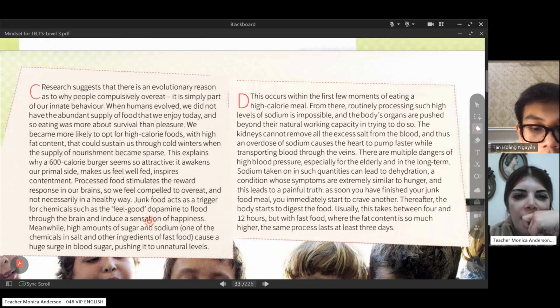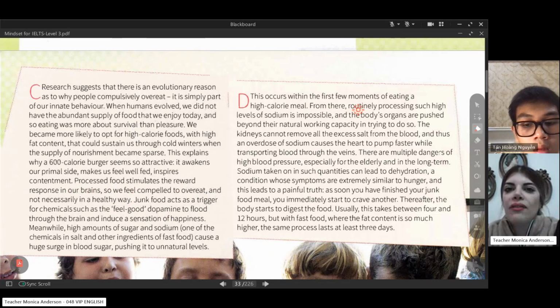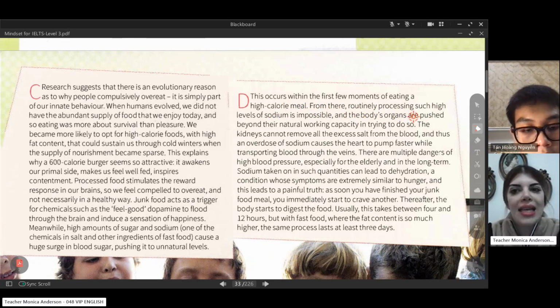Okay, C. Process to simulate, no. Females eating high-calorie meat. Such high levels of processing in the patient, the body's organs are pushed beyond their natural working capacity.